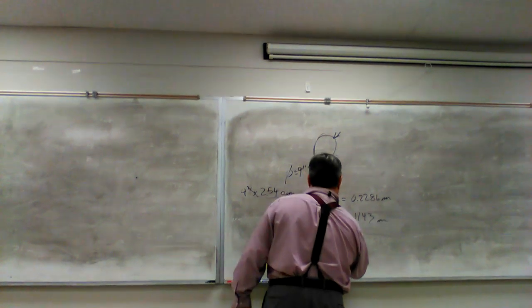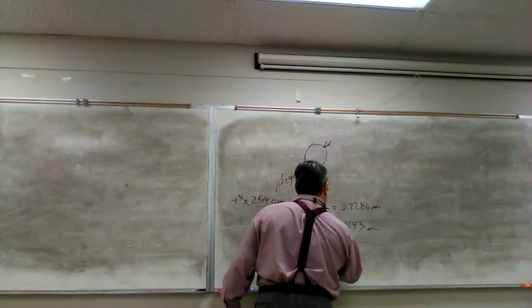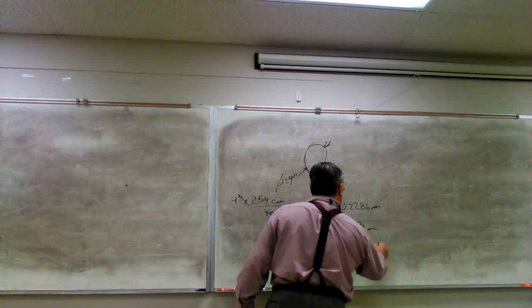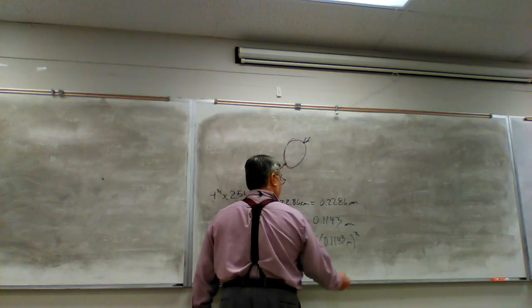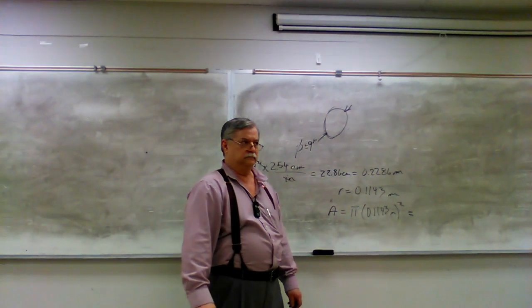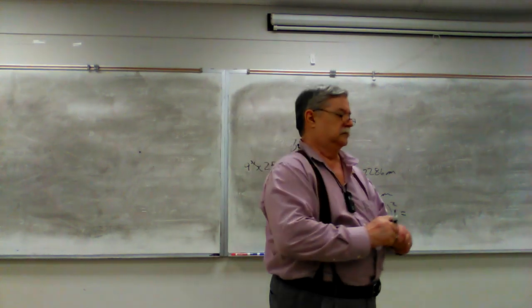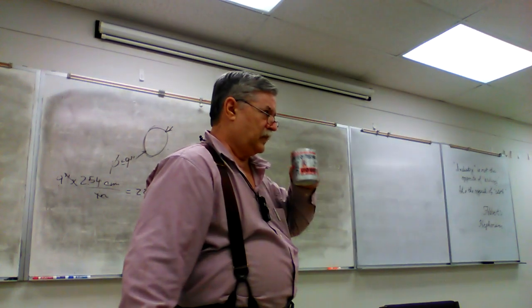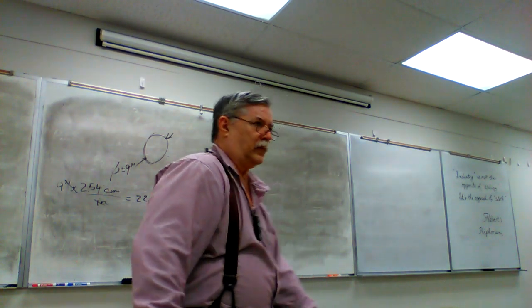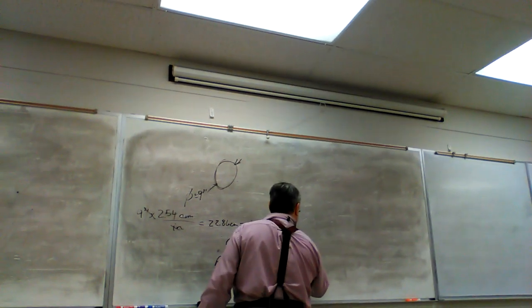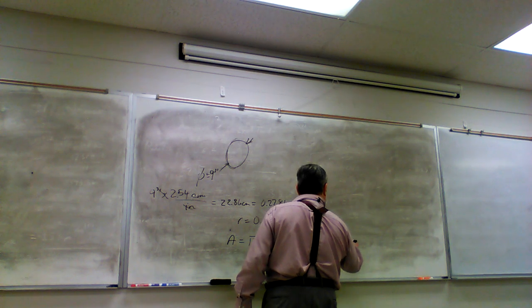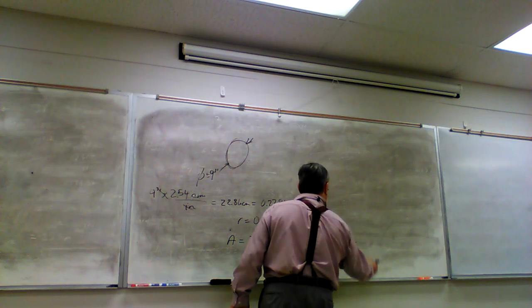And that gives us an area of pi times 0.1143 squared, which is what? 0.041 square meters.